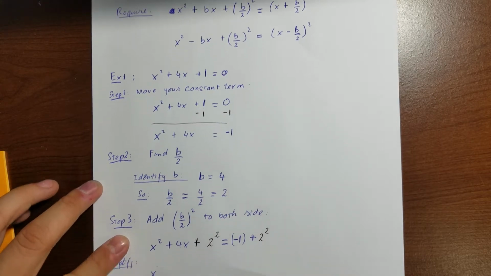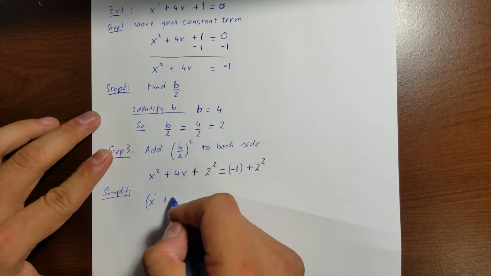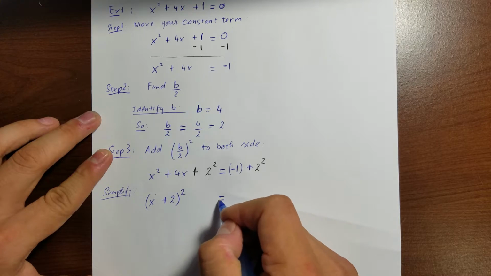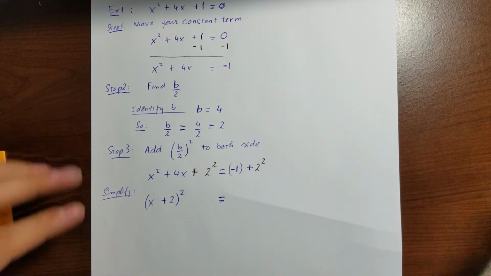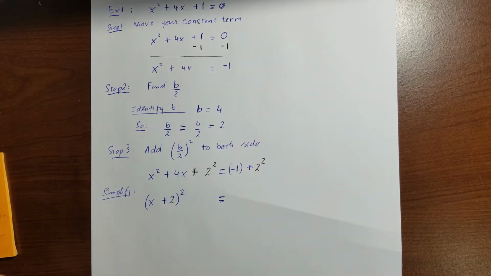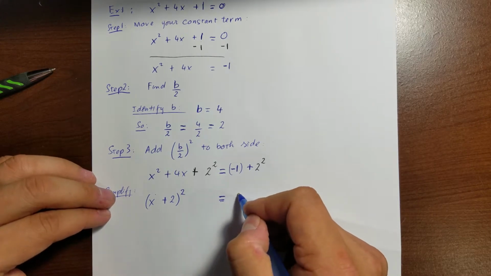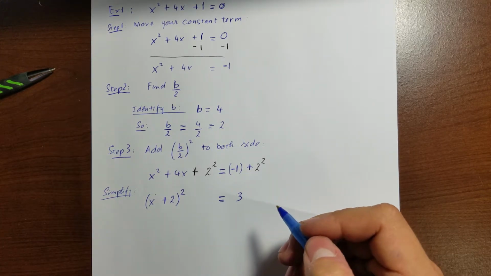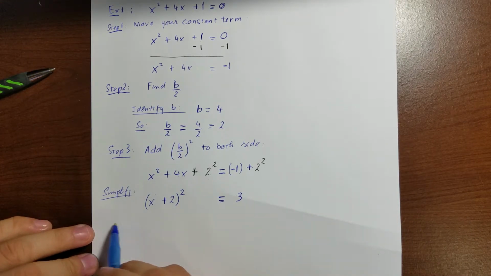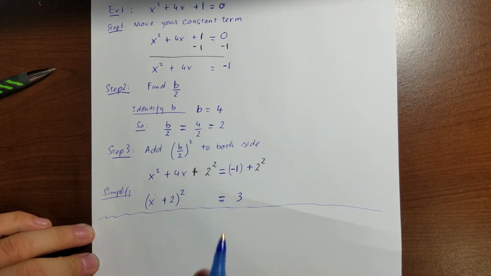Therefore, you can write it as x plus 2 squared, all of this equal to, excuse me, 5, because 1, no, it's going to be equal to 3. Hopefully my math is correct. This is completing the square.